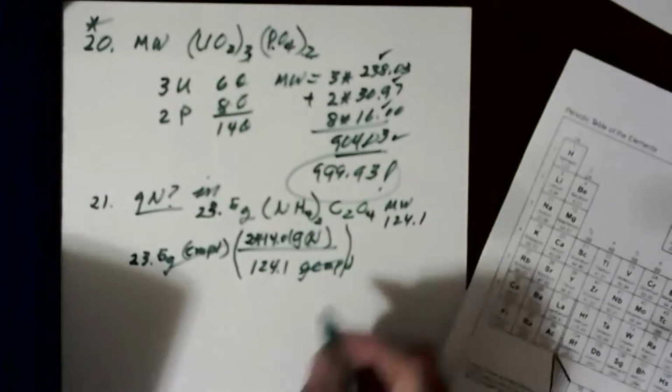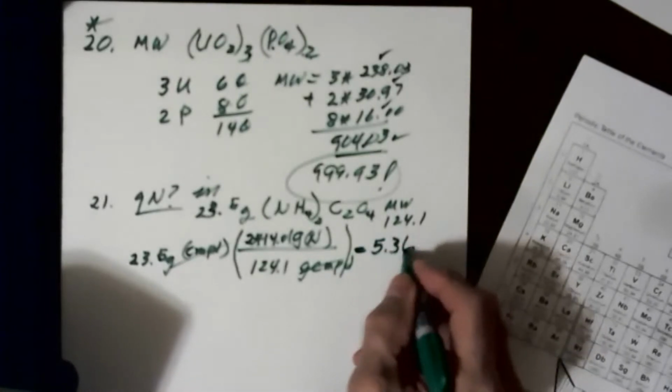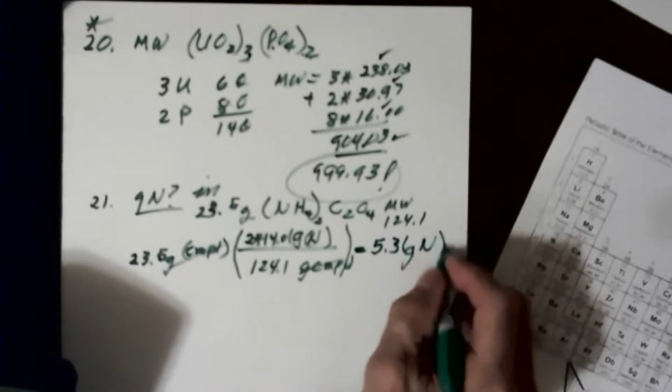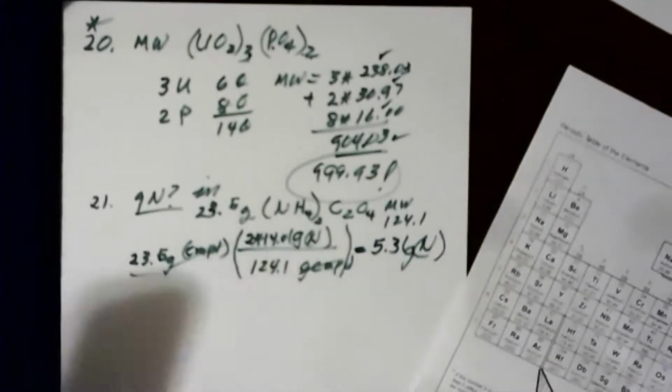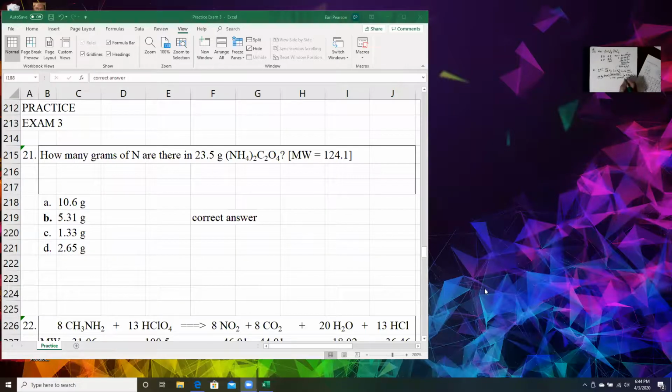So I get 5.31 grams of nitrogen. That would be in 23.5 grams of this compound. If we go back and look at our answers, that's B. So that is correct.